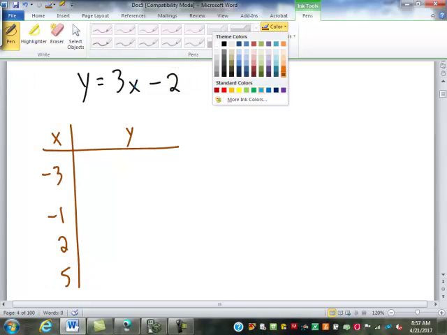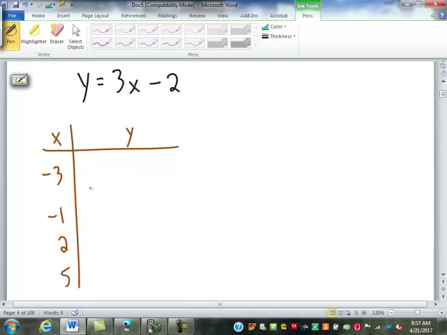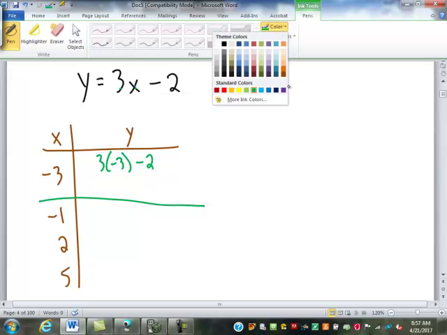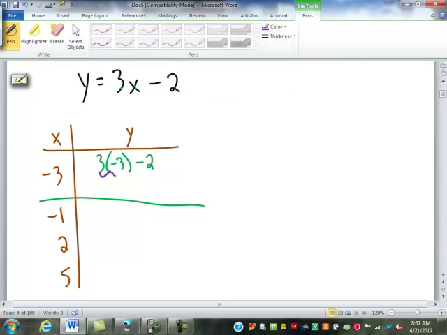But now let's figure out what y has to be. If x is -3, y has to be 3 times x, 3 times -3, minus 2. So what's 3 times -3? -9.